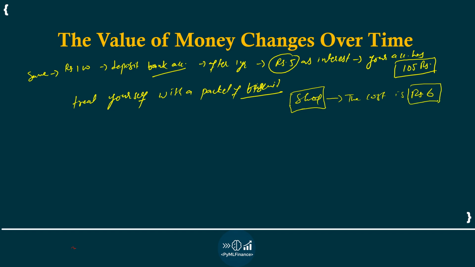You are shocked by hearing this, and you ask the shop owner that 1 year back the cost of the biscuit was rupees 5 only. How come rupees 6 now?